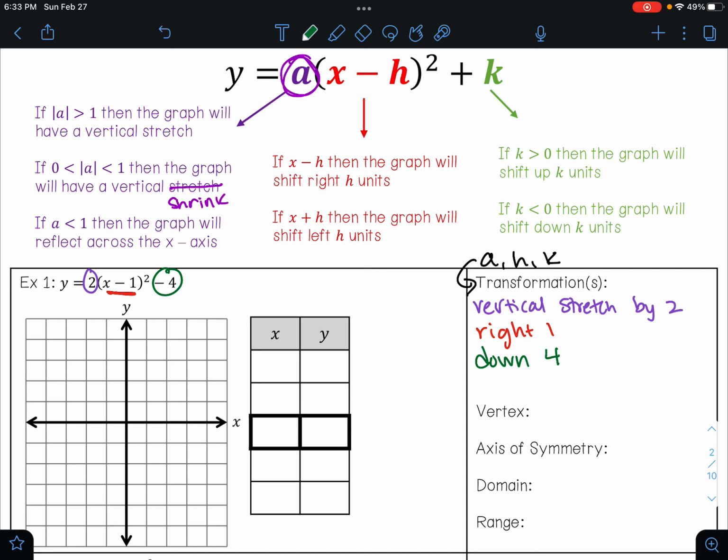The reason why this form is called vertex form is because it gives you the vertex in the equation. Your vertex is always the point (h, k).